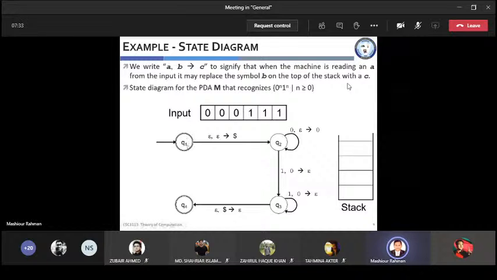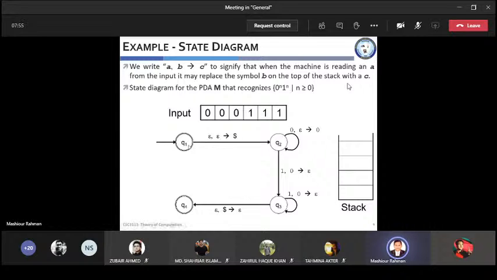And Q1, wherever the label is put, from where it is coming, that is the source state, and where it is going, that is the destination state. So these are the 5 components that we require to represent a particular transition. We require the current state.